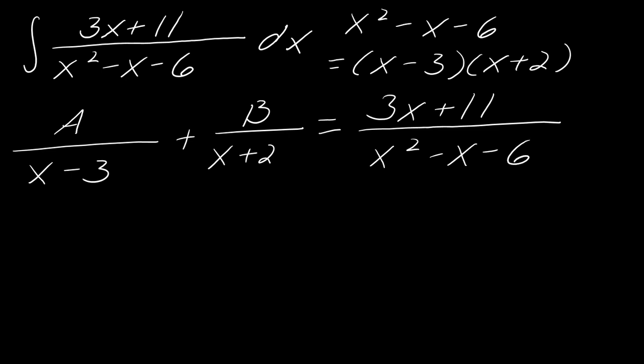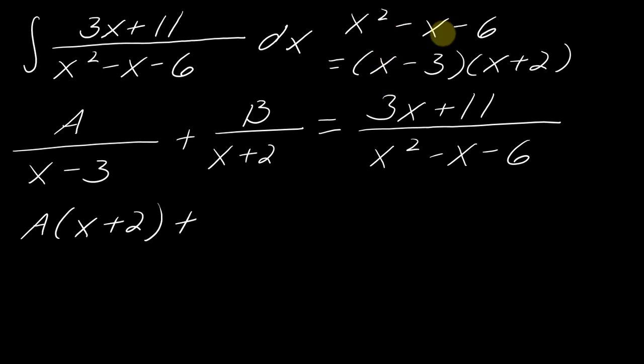Okay, so what we're going to do next is multiply everything by this denominator, x squared minus x minus 6. Think about what happens when you multiply. When I multiply this x squared minus x minus 6 against this, what am I left with? The x minus 3's drop out, so I'm just left with A times x plus 2.